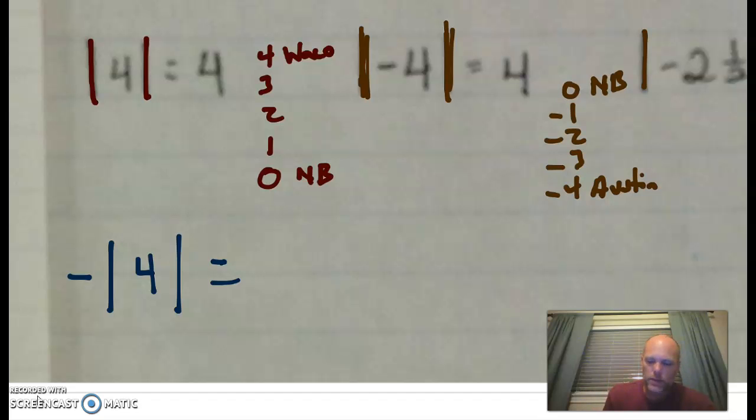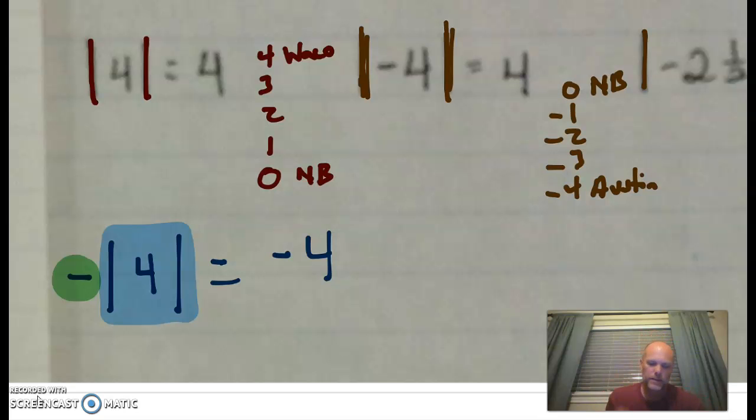So let's just look at this right here first. What is the absolute value of 4? It's 4. But then we got this guy that's on the outside, and we have to use that. So that negative stays. The absolute value is only what's inside of there, not what's on the outside.